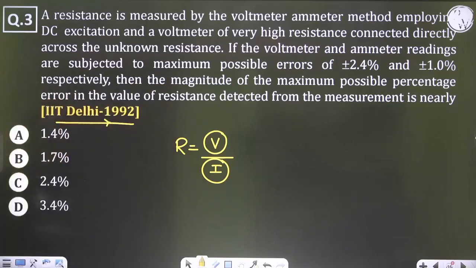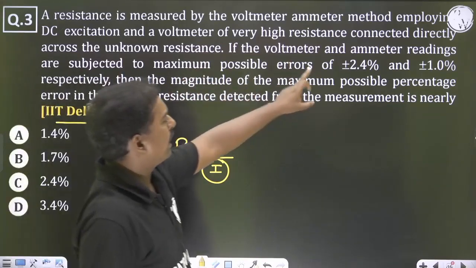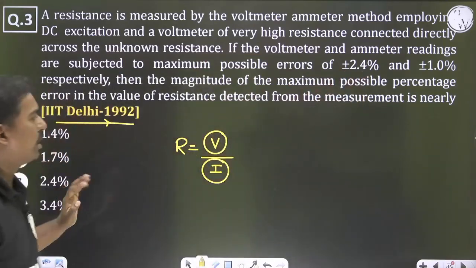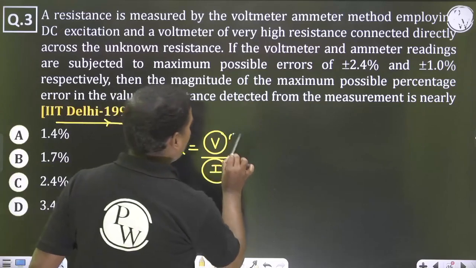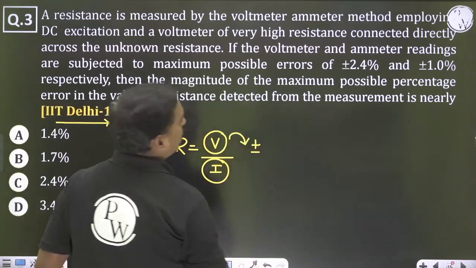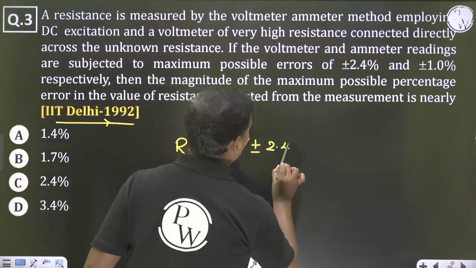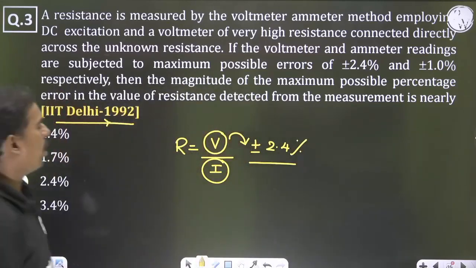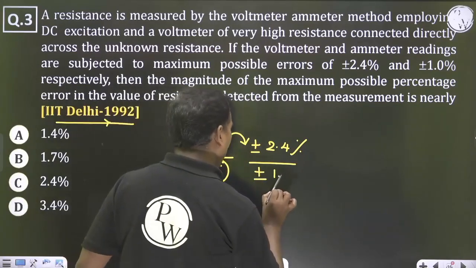So if the voltmeter and ammeter readings are subjected to maximum possible errors of plus or minus 2.4% and plus or minus 1.0% respectively, the voltmeter has an error of plus or minus 2.4%, and the ammeter has an error of plus or minus 1.0%.